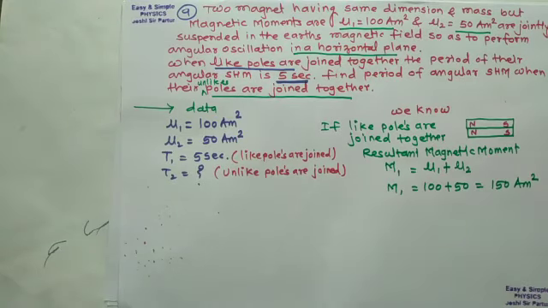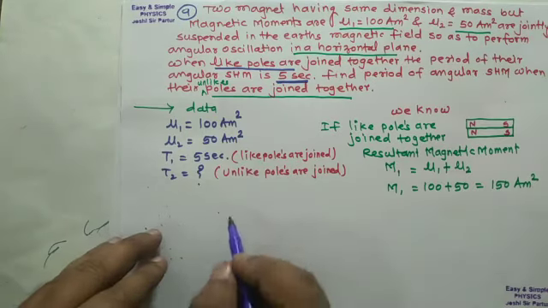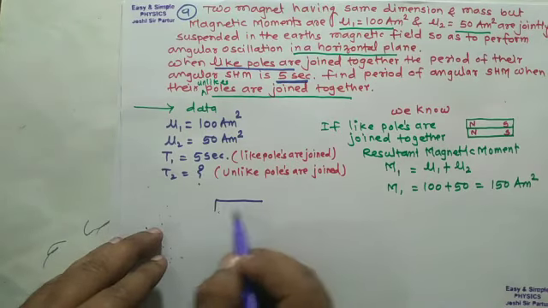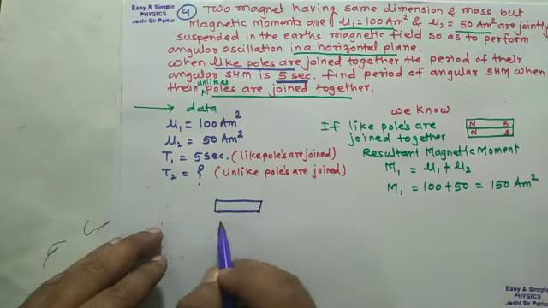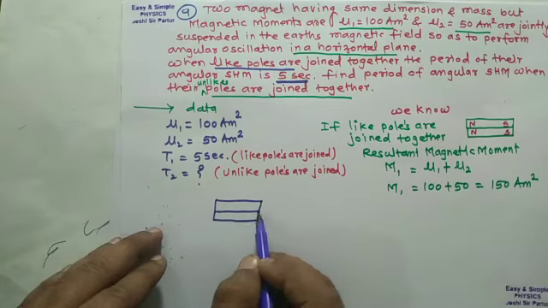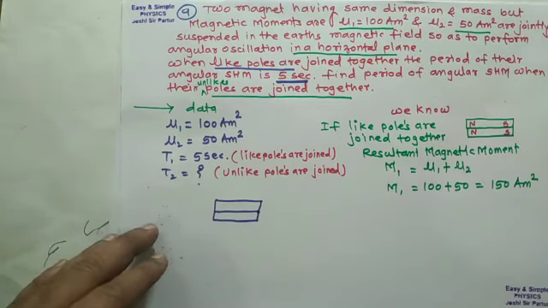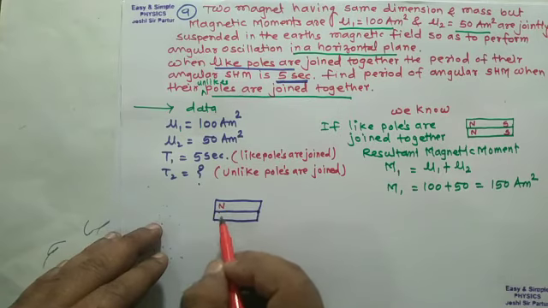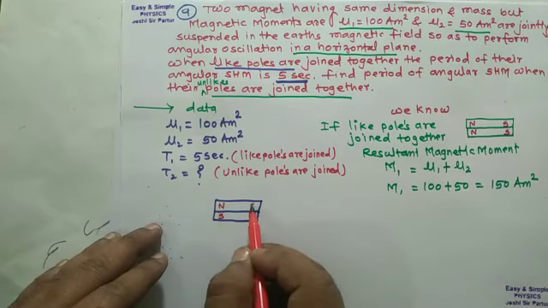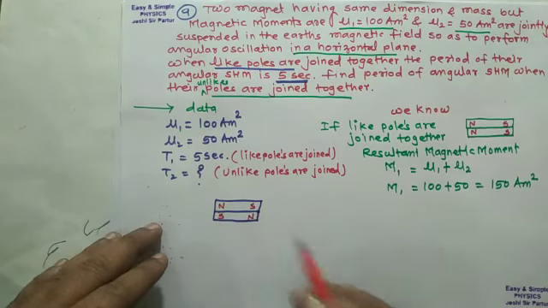That is, the first magnetic moment is given when like poles are joined together. But when unlike poles, see here, this is one magnet, this is another magnet. Unlike poles means North Pole, South Pole, South Pole, North Pole.